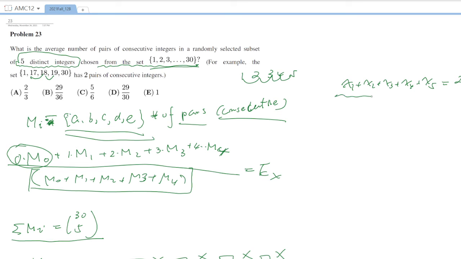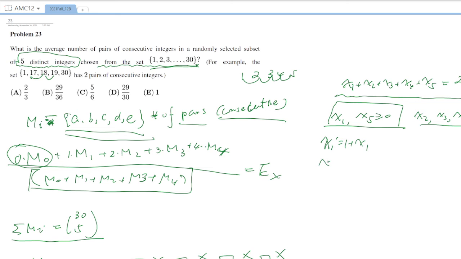But let's see the range of this. We know x1 and x5 are greater than or equal to 0, and x2, x3, and x4 will be greater than 0. In order to do stars and bars, we always want all these numbers to be greater than 0. So we can use x1 prime equal 1 plus x1 and x5 prime equal 1 plus x5.